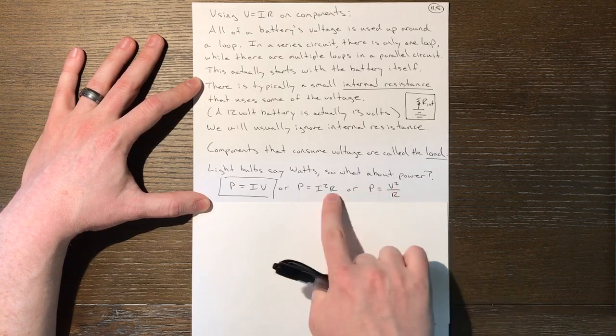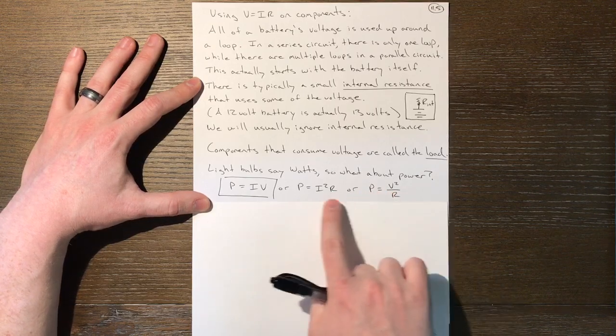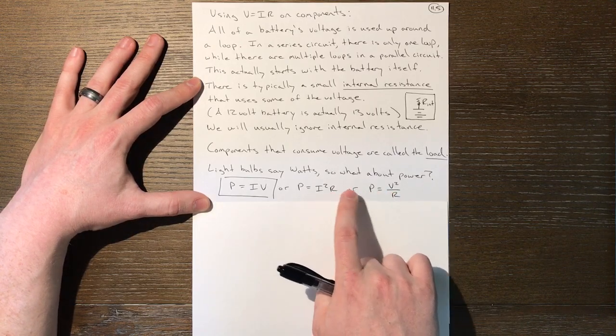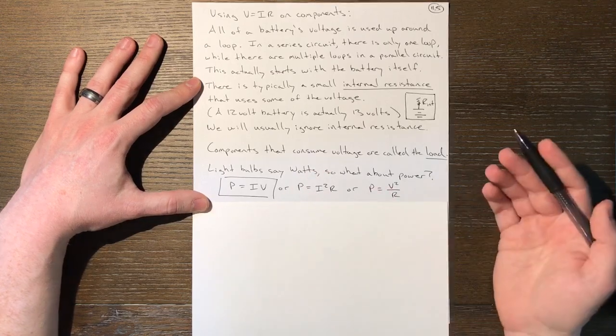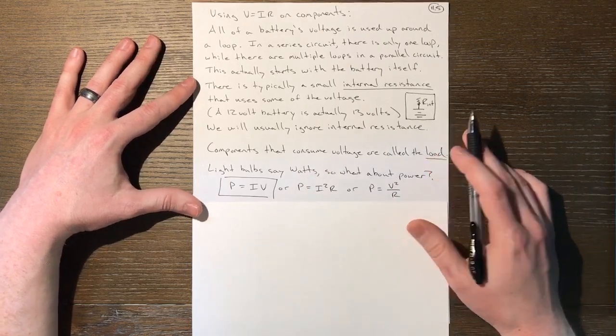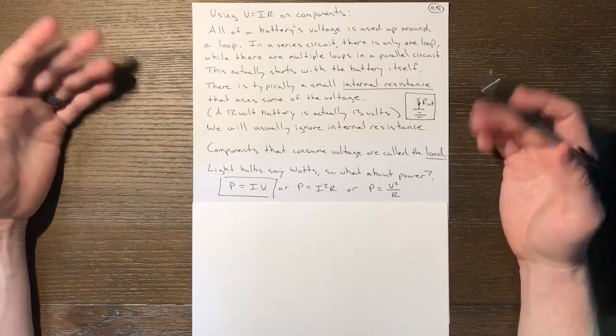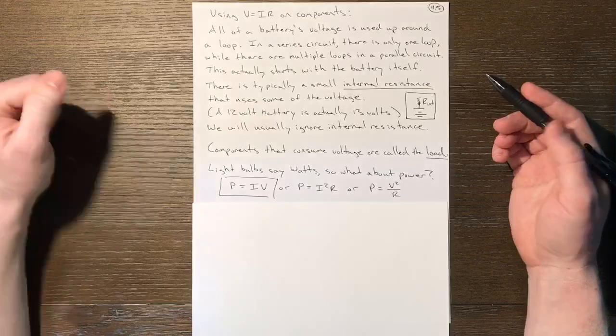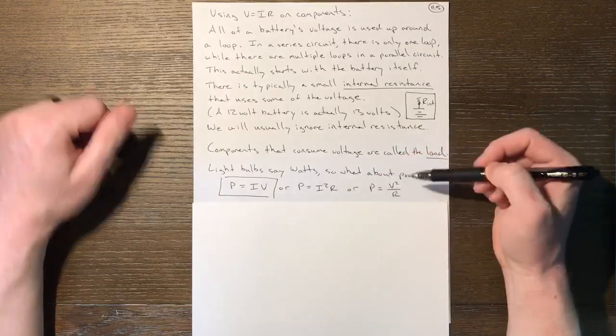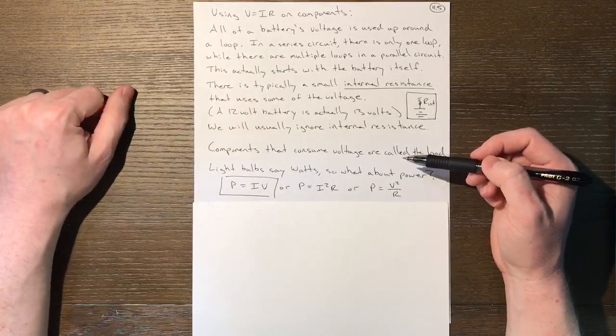You can use these shortcuts if you want to. Say you're given a current and a resistance and you're asked for power. Well, boom, you can plug them in. But we know that V equals IR. If you have two of the three between V, I, and R, you can always solve for the other one. So there's no absolute reason you must ever use one of these, which is why I always use P equals IV.